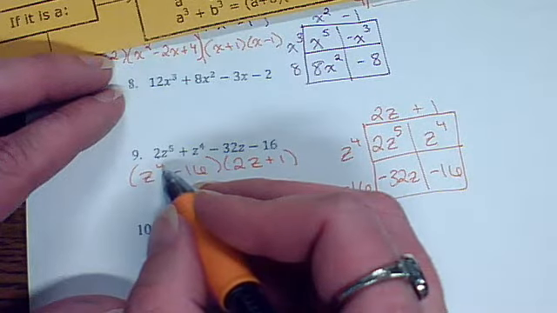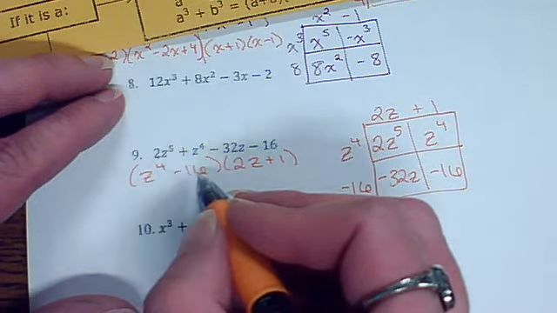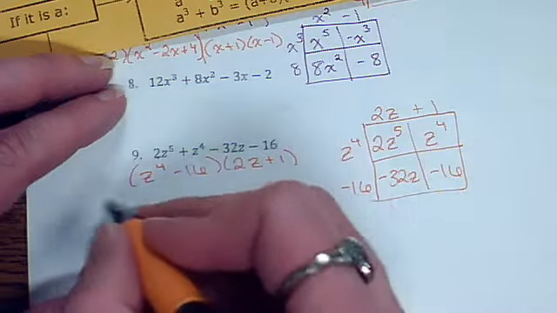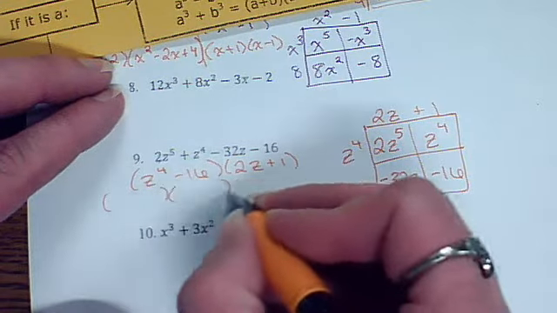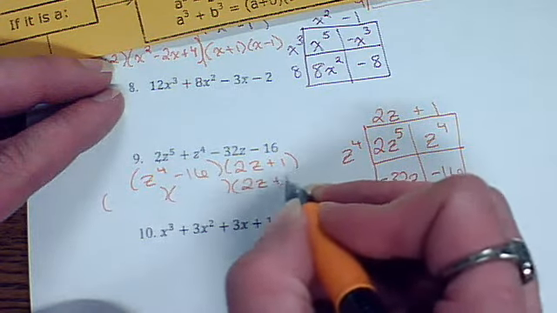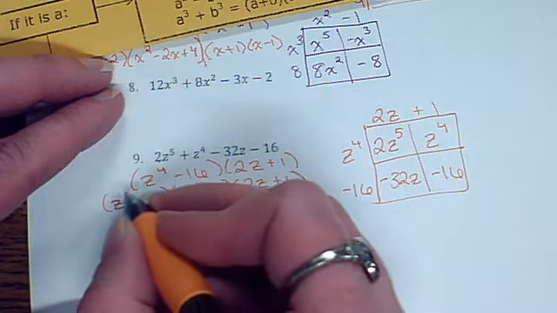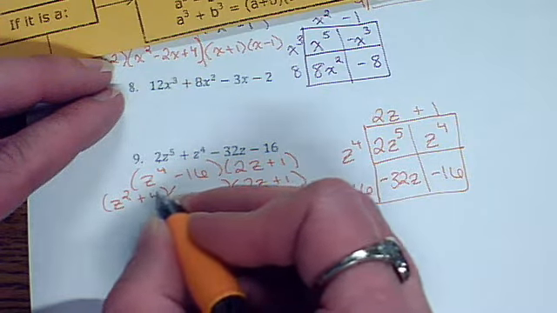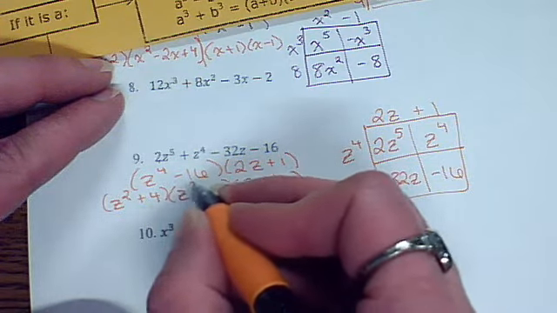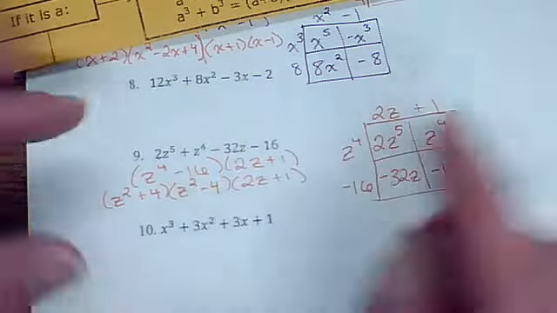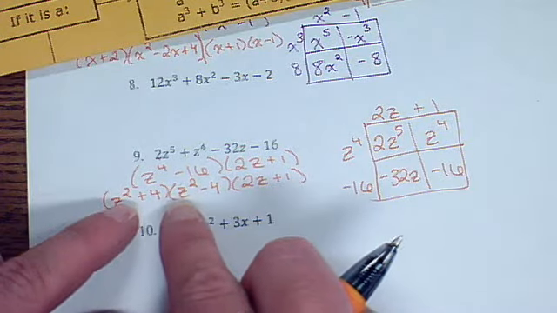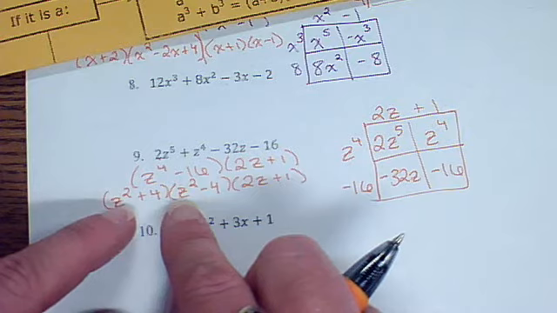To the 4th? 16 is a perfect square. I wonder if this works. Could this be z squared plus 4 and z squared minus 4? Let's double check. Z squared times z squared gives me z to the 4th.